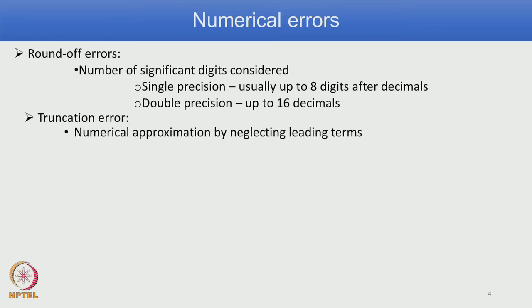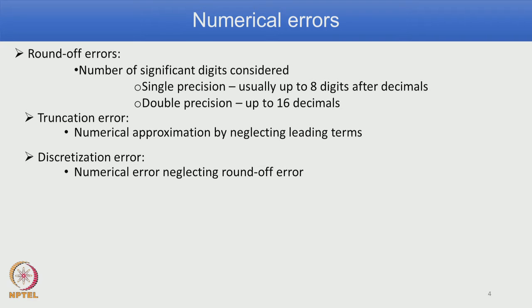The next important error is truncation error. This results from neglecting leading terms while writing the finite difference approximation. Now, there is a third error known as discretization error. This is the numerical error without considering the round off error.